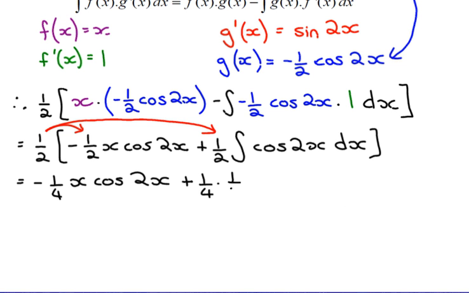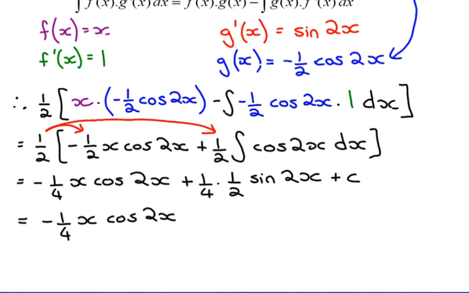So it's a half sine 2x. Because I finished integrating, I've got to add my constant of integration. Just one more step in prettying it up. That is plus an eighth sine 2x plus my constant of integration.